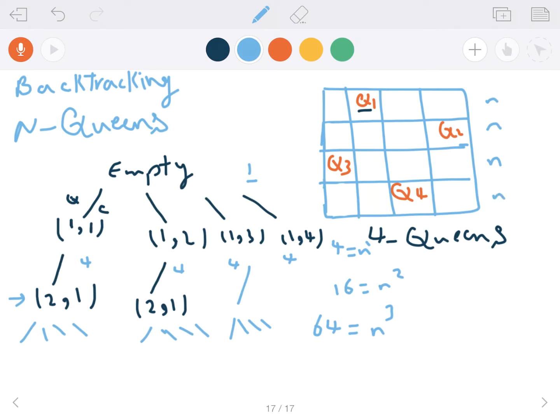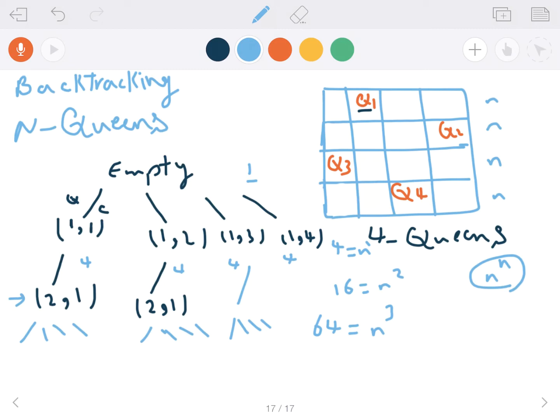Because I have n queens and n rows, it's going to be n to the n, the number of nodes that I'm going to have. So n to the n is the number of ways that I can put these queens on this board. Let's see what the number of nodes in this tree is going to be.